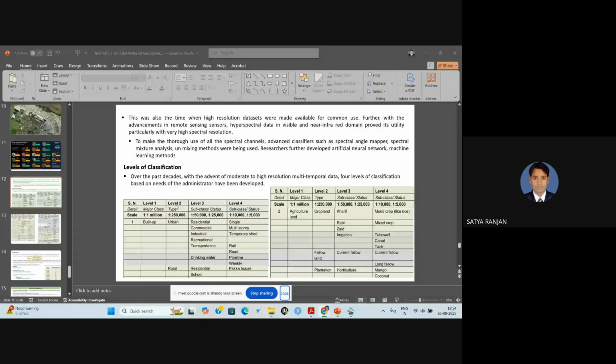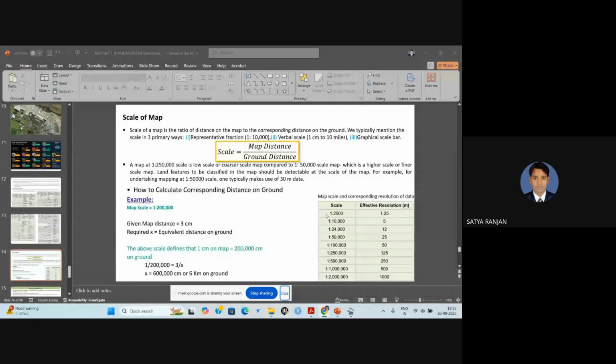But with 30 meter data, we cannot analyze whether buildings are residential or commercial. But in WorldView data, we can identify them because of the high resolution and buildings are clearly visible. So that's why we differentiate corresponding resolution data and map.